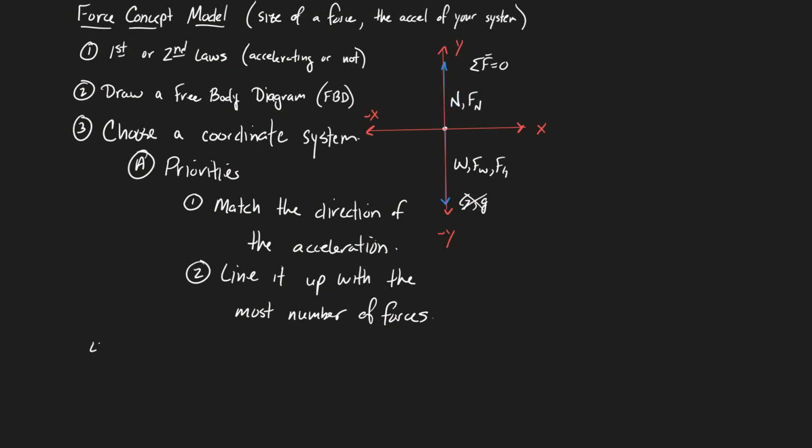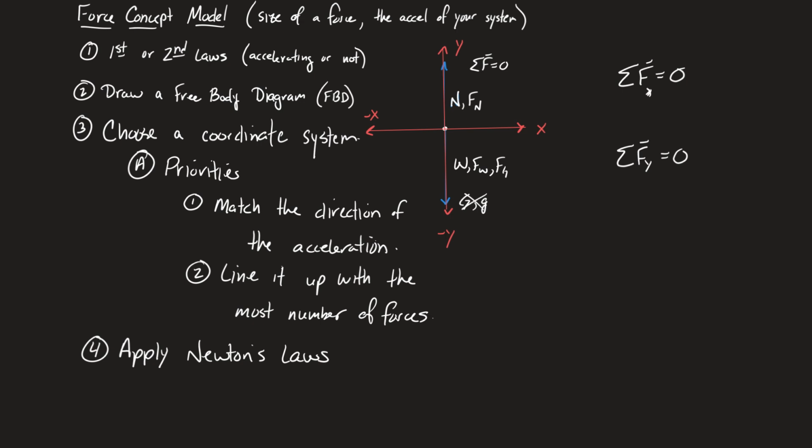Once you've done that, you're now in a position to apply Newton's laws. We started that all the way at the beginning, but now, because we have two dimensions, you take your Newton's law and you break it up into the net force in the x direction and the net force in the y direction.